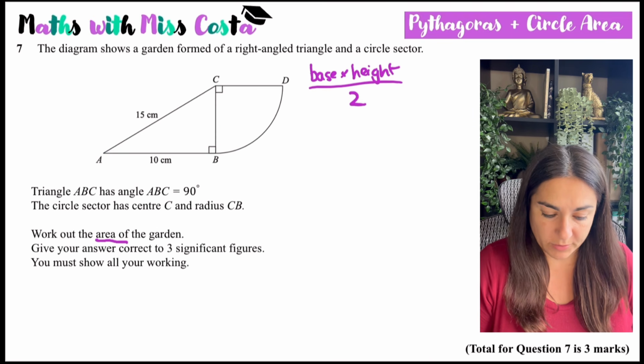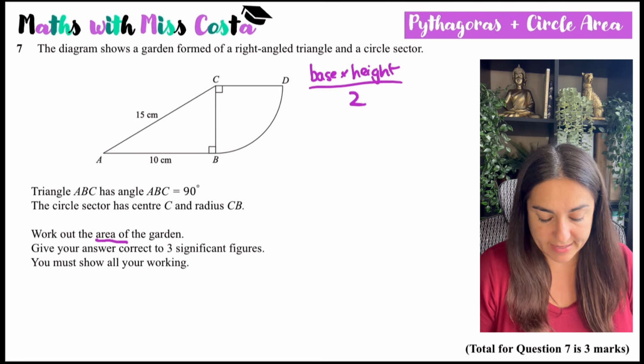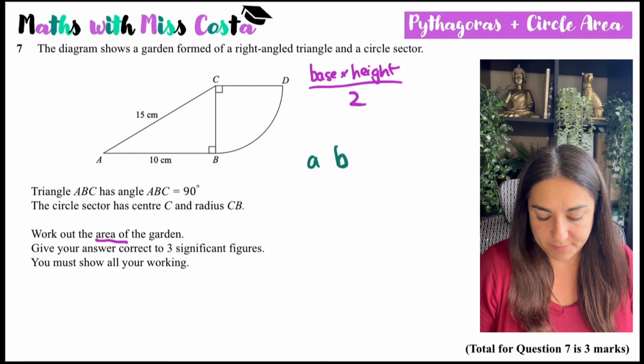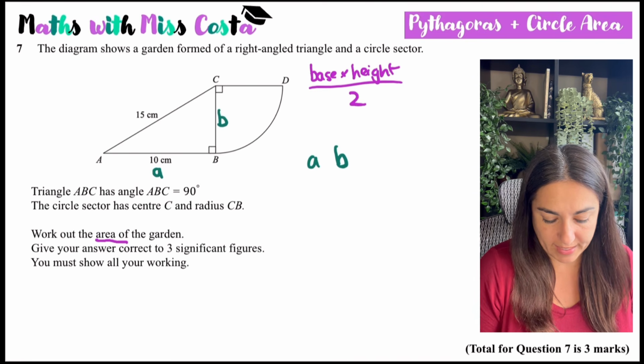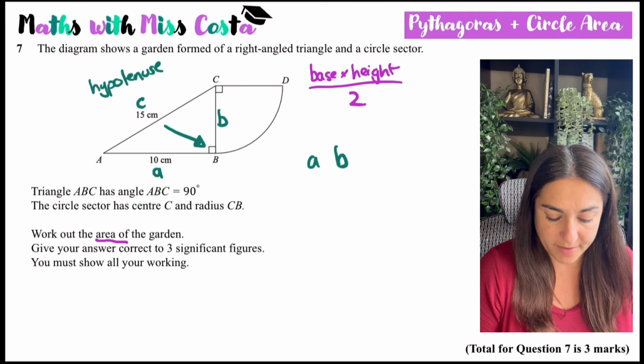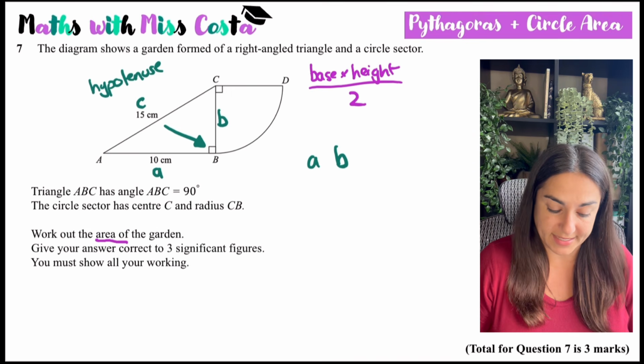It's a right angle triangle, so I know I can use Pythagoras, and I can start by labelling my sides. A and B are your two shorter sides, so this could be A, this could be B, and C is the hypotenuse. To identify which one must be C, it's the side that is opposite the right angle.